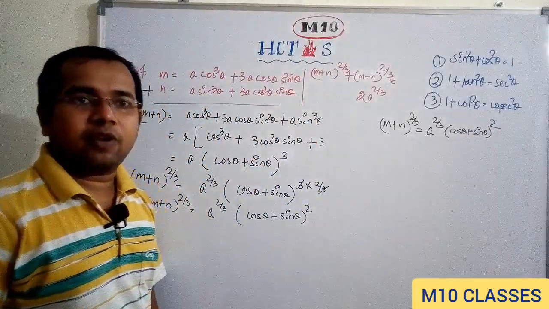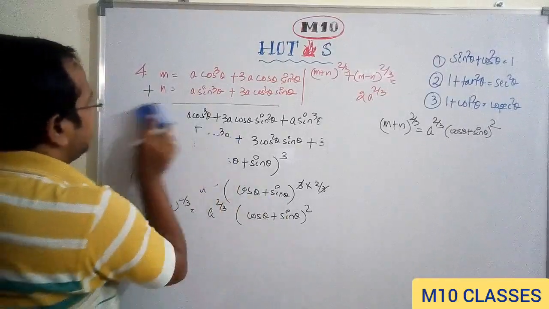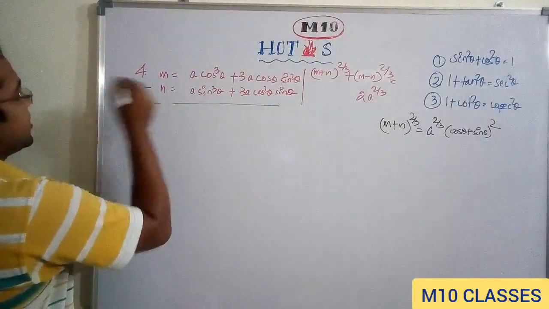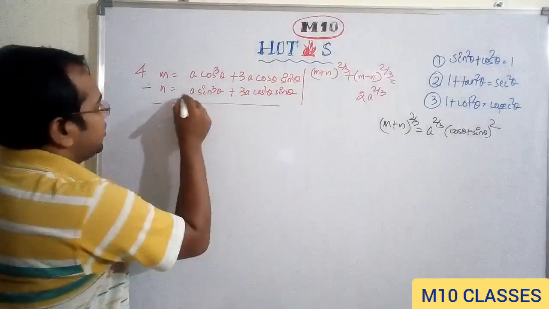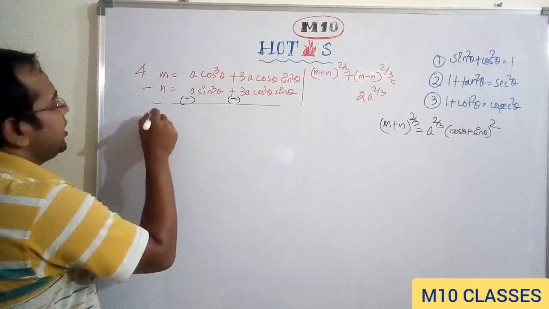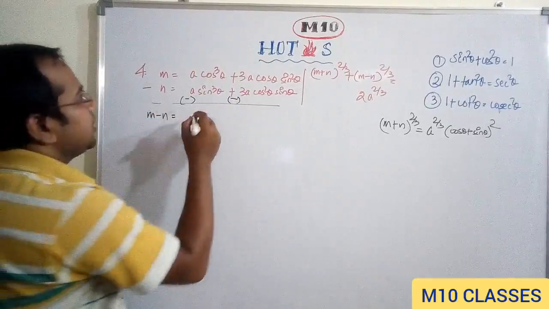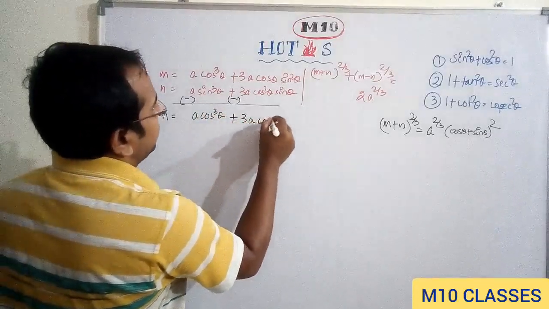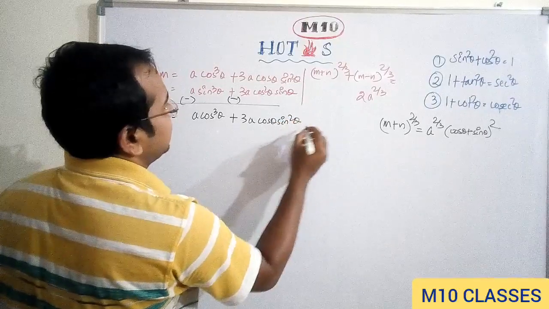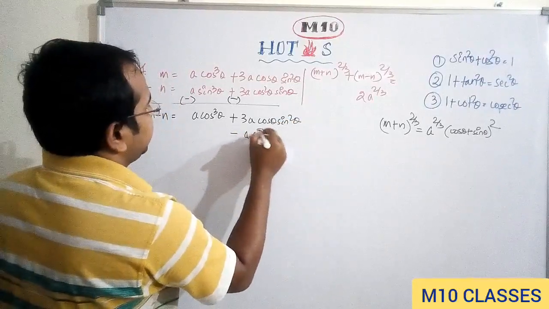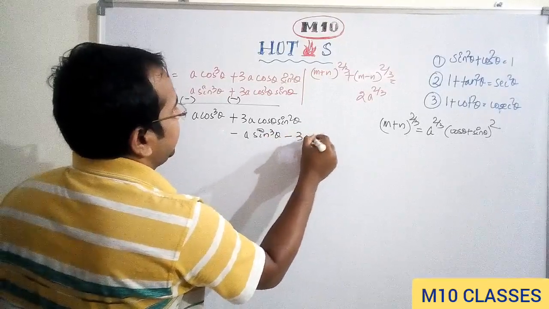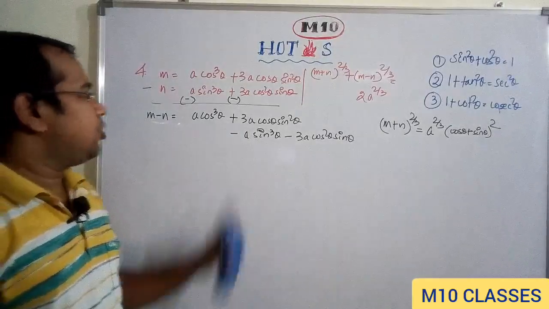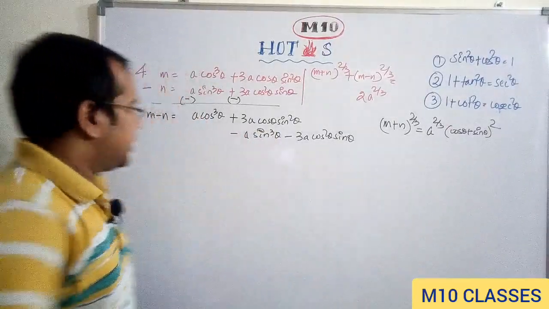Now let us find m minus n. So what are you going to get here? a cos cube theta plus 3a cos theta sin square theta minus a sin cube theta minus 3a cos square theta sin theta. Now again students, as I have told you, a is common in each term. Let us take it out. A is taken out.